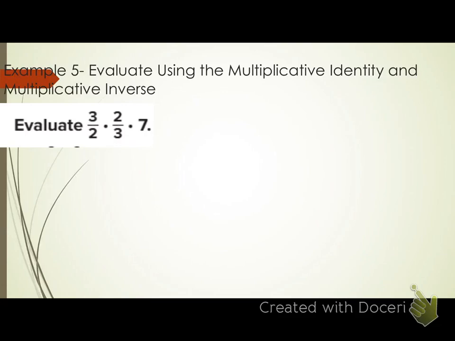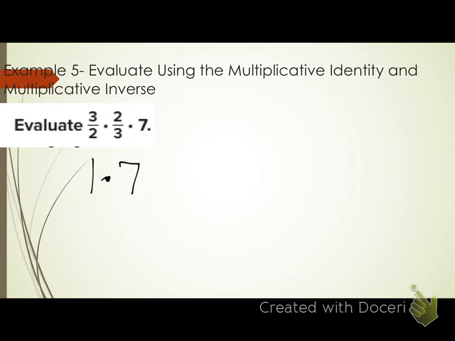What does that mean? What happens when I multiply them? If I multiply a number by its reciprocal or its multiplicative inverse, it equals 1, right? So 3 over 2 times 2 over 3 is going to give me 1. So that's one of my properties right there. A multiplicative inverse property.